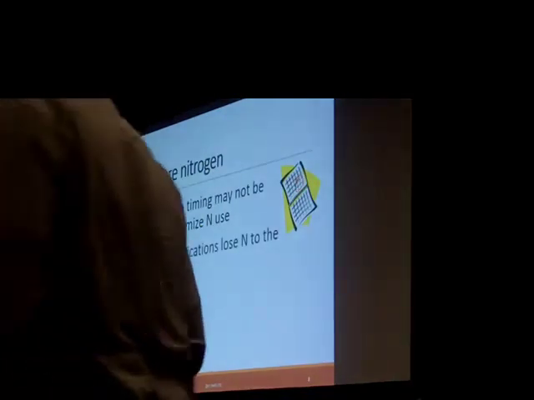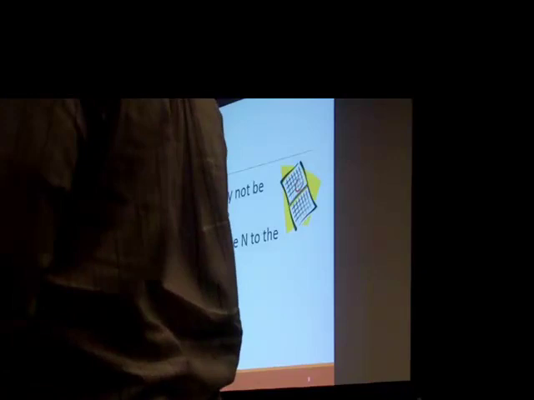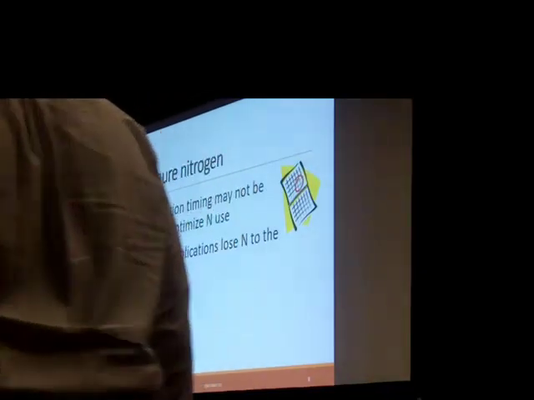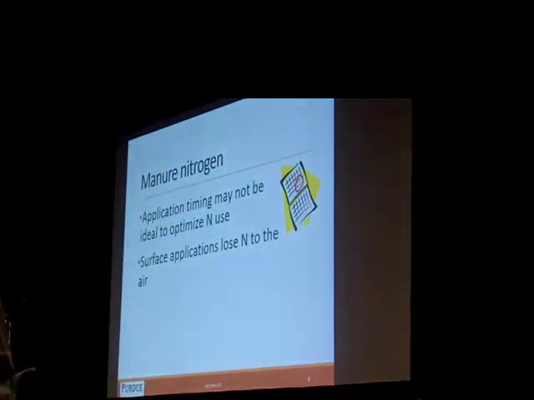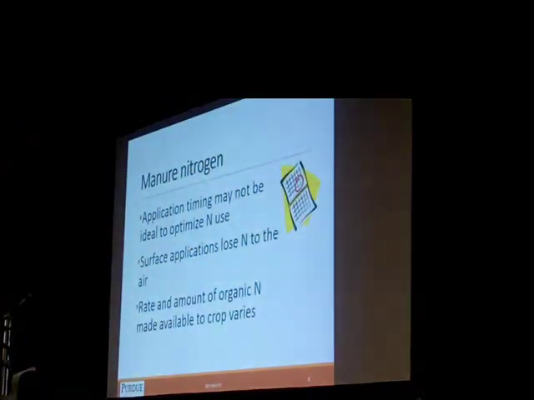If we're going to put manure on the soil surface, there's a component of most manures that's in the ammonia, ammonium, or urea-like form, and it's subject to ammonia volatilization. So anytime we leave a manure on the soil surface, we have the opportunity to lose some of that nitrogen to the air. There's a component that's organic. That's going to be available over time.